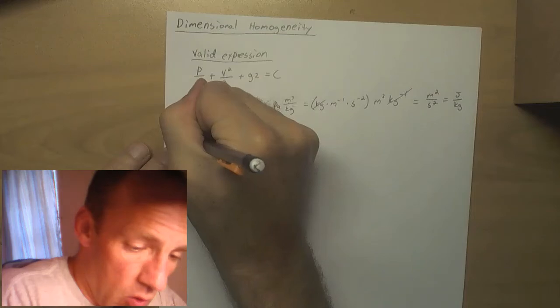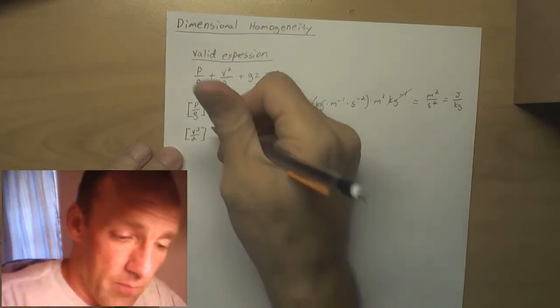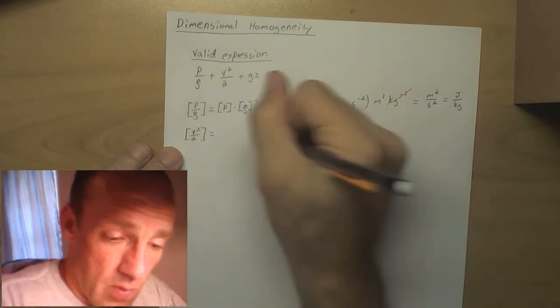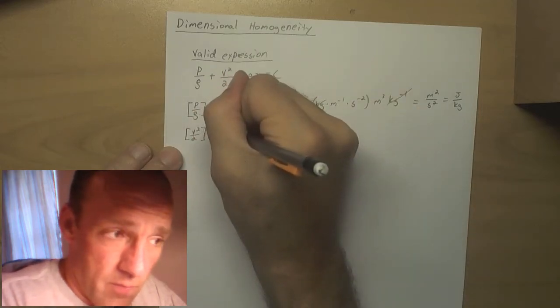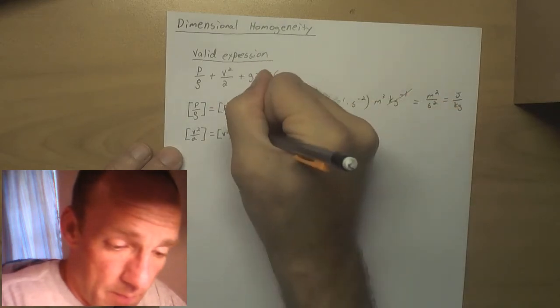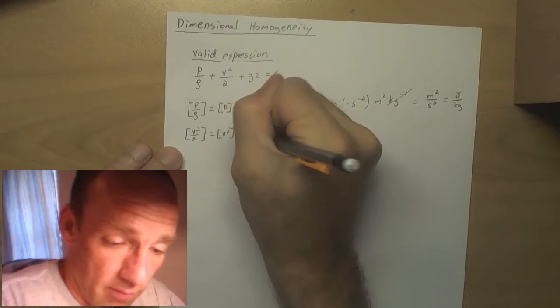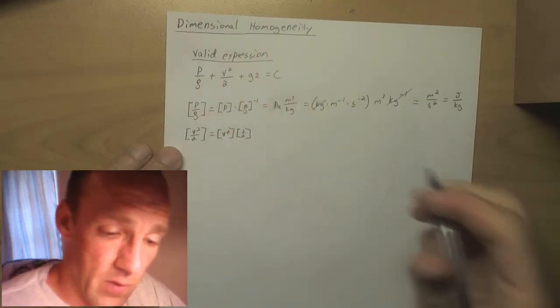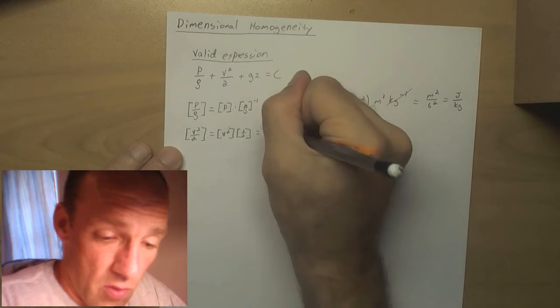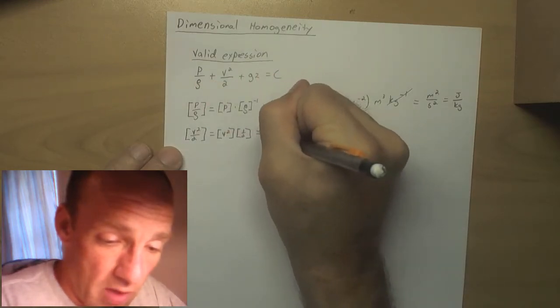All right, now let's look at the second term here. We got the units of v squared over 2. The units of v squared, and then multiplied by the units of 1/2. So that's going to be meters squared per second squared.